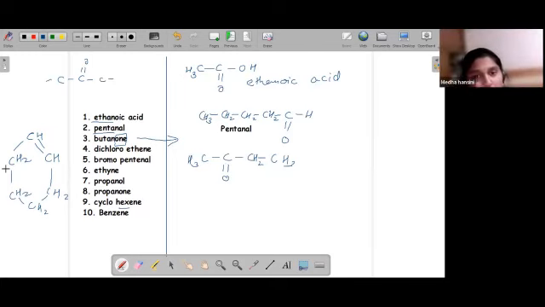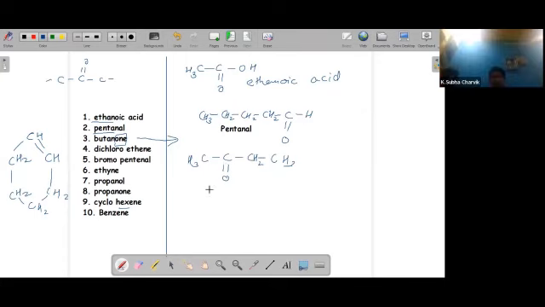So why do we need to take the double bond in the middle? Sir, why did the double bond come in the middle? Where should the double bond be made?